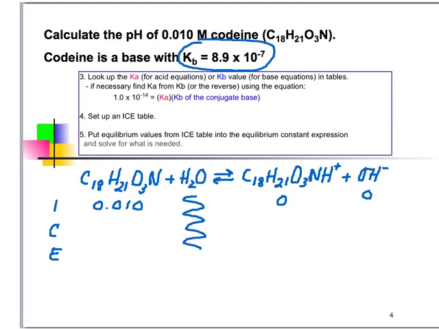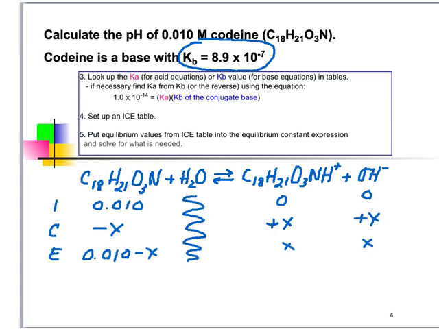As usual, our water, which is a pure liquid, will be left out of the ICE table. To go to equilibrium, we're going to fill in the zero spot, the usual thing, plus x, you get x, minus x for the reactant here. Again, all 1-to-1 molar ratios when you have our acid-base reactions.